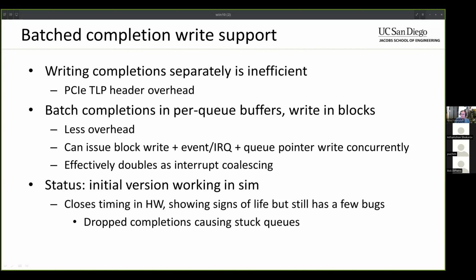So in the worst case, I had to rework things such that it falls back on the previous behavior, where as soon as the completion shows up, it immediately triggers the DMA write out into host memory, so it can free up that slot again for a totally different queue. Once I made those changes, I'm no longer seeing that performance drop, because we start getting stuck queues. So there's still some corner case or race condition that's causing things to get screwed up that I'm working on.